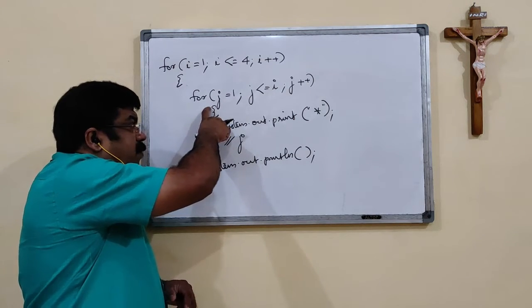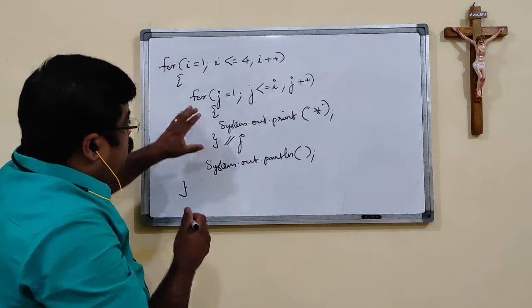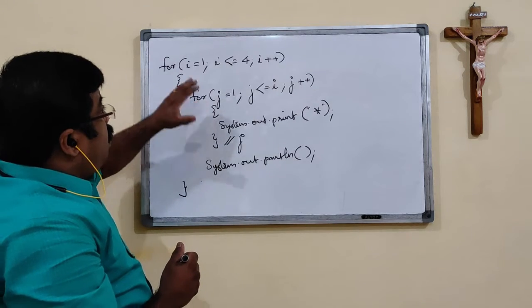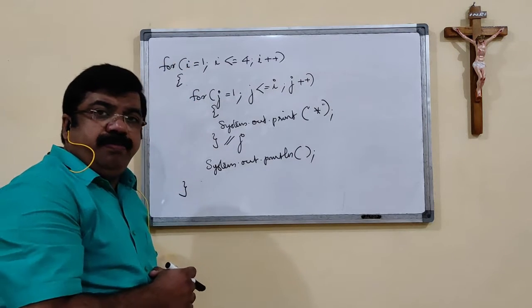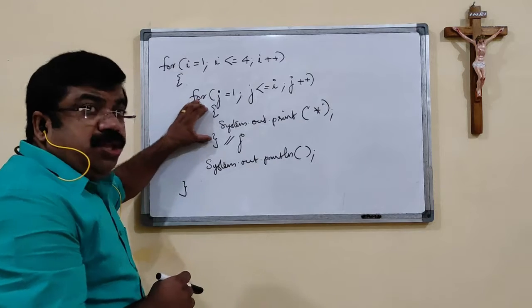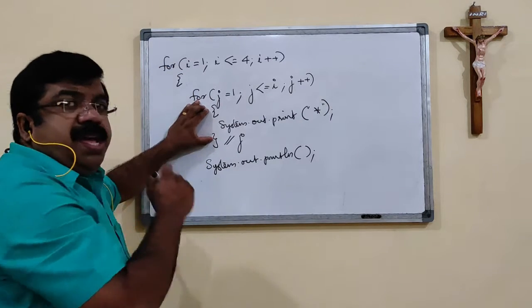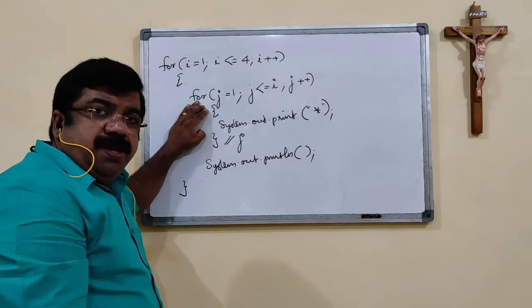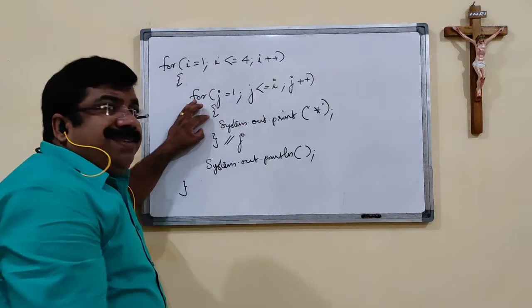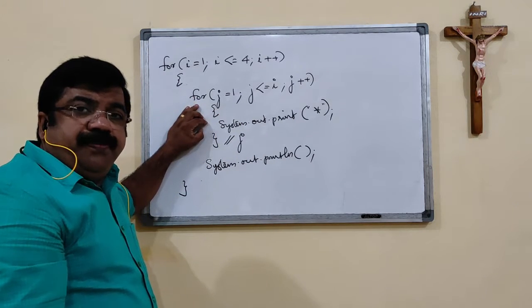So here you can see the j loop is given within the I loop. That is, completely this loop is contained inside another loop. So we call this j loop the nested loop.